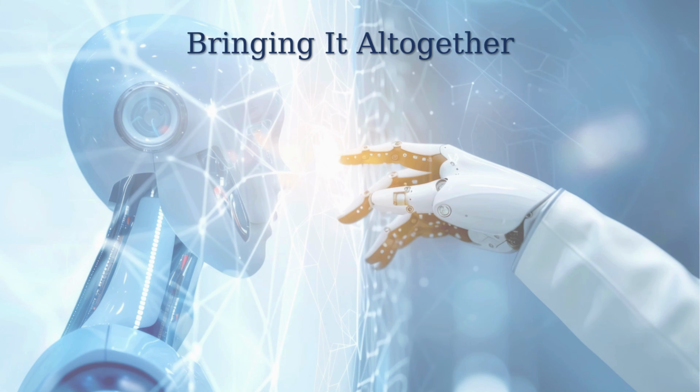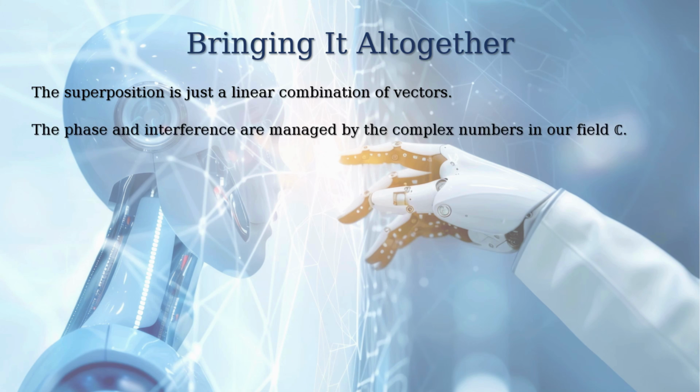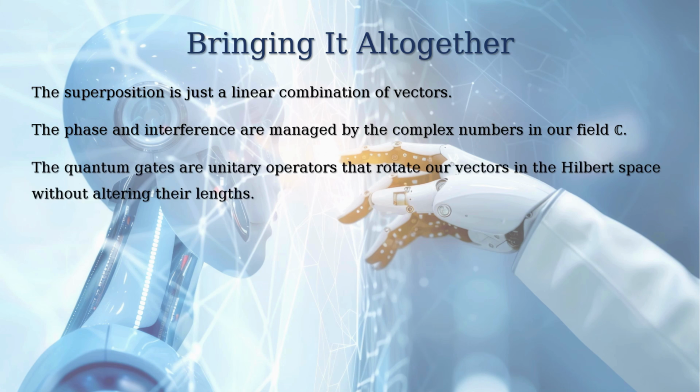Now, let's bring everything all together. The superposition is just a linear combination of vectors. The phase and interference are managed by the complex numbers in our field.